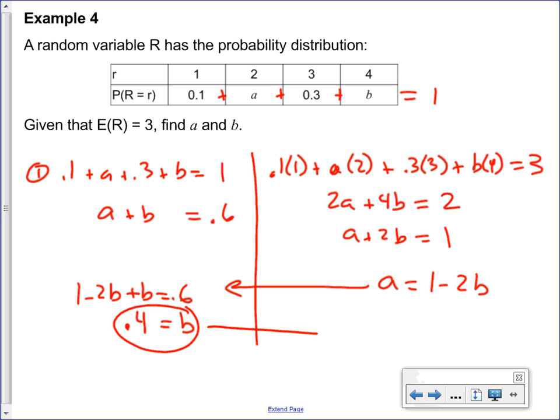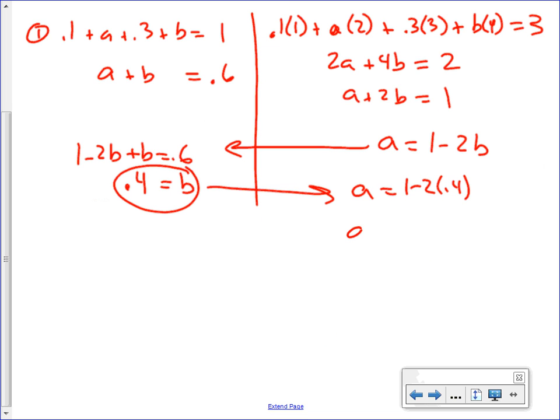Now plug it back in: A is 1 minus 2 times 0.4, which is 0.8 subtracted from 1, so A is 0.2. Did you get close to that? Is that where you were heading? Okay. 2 variables, 2 equations. Good old systems.